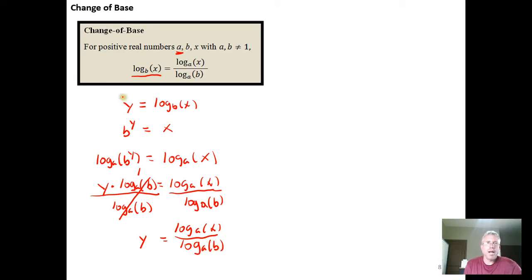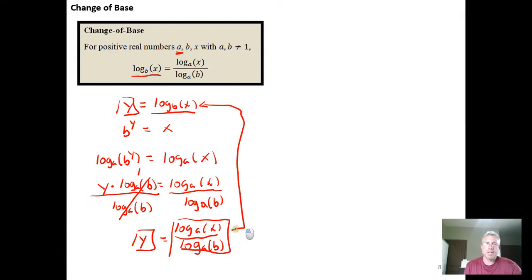But if y is equal to log base b of x and y is equal to log base a of x divided by log base a of b, then these two things, log base b of x and this ratio here, must be the same, which establishes the result that we wanted.